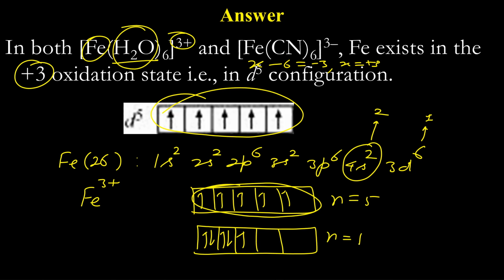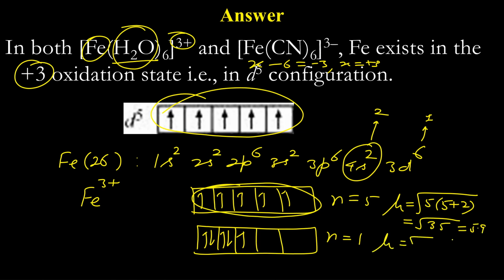So if you calculate mu, the magnetic moment, it will be square root of n(n+2), that is square root of 35. You know square root of 36 is 6. So square root of 35 will be approximately 5.9 Bohr magneton, and here it will be square root of 1 times 3, that is square root of 3, which is 1.732.